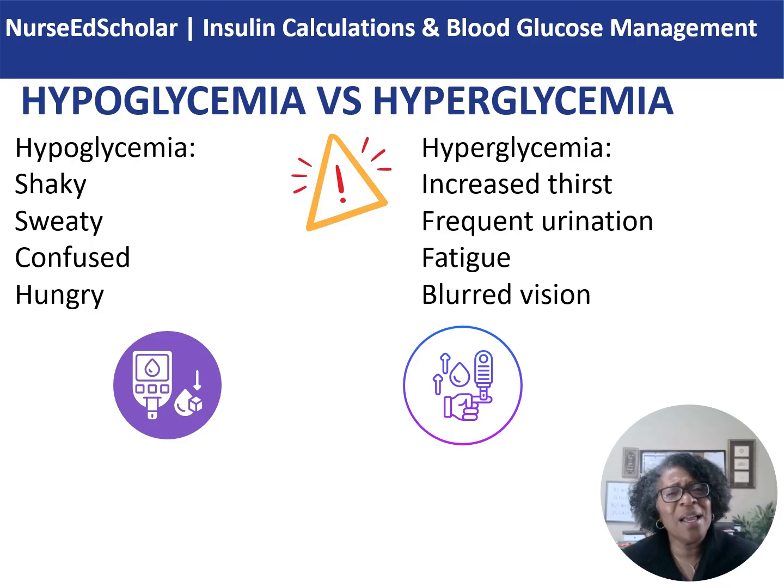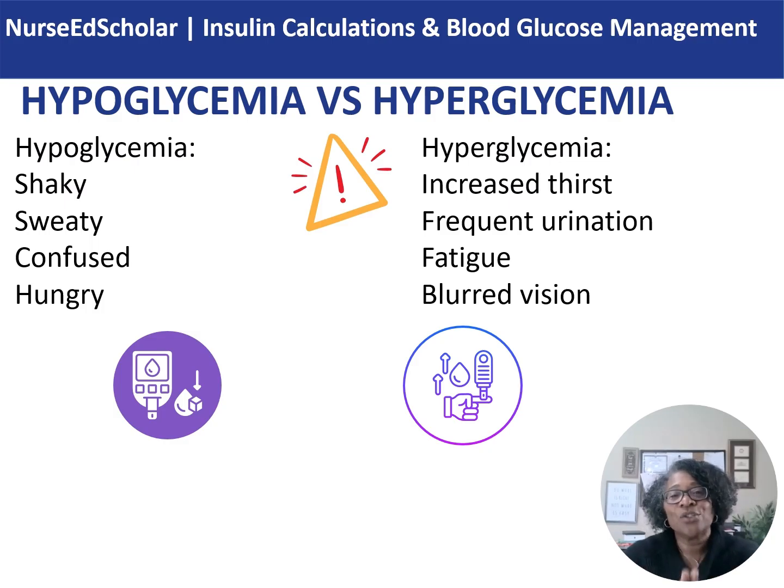The physician's like, well, they don't have diabetes. And they said, well, go ahead and check it. Well, when I checked it, that patient's blood sugar was like 35. And they were like, "Oh my goodness!" So we were able to give her some glucose, and things turned out fine.